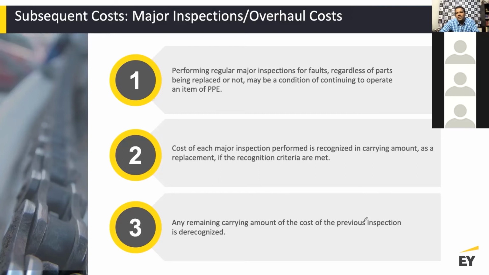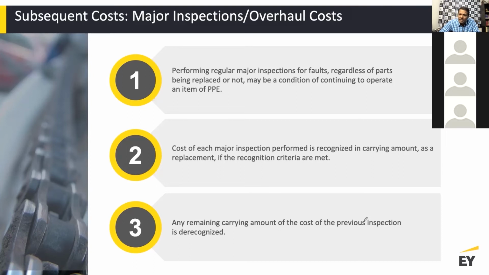So in the example, if you have incurred 150 rupees as the cost of purchase of the ship, and 15 is the docking cost, then the cost of the ship is reduced by 15 from 150, and you capitalize 135 as the ship, which is to be depreciated over 10 years, and 15 is to be depreciated over 3 years. You don't increase the cost of the ship from 150 to 165, right?